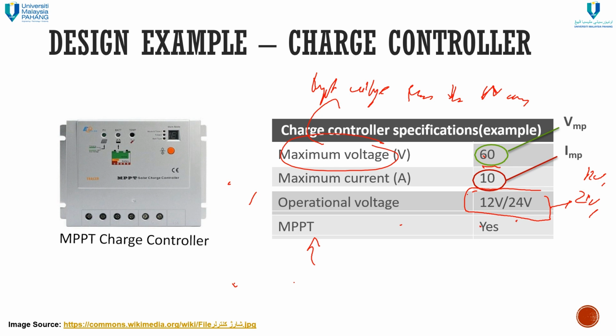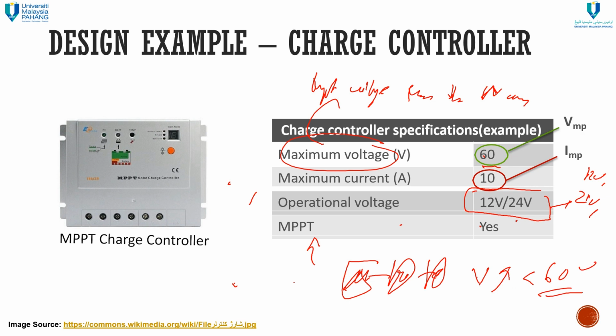That's the work of the charge controller. Okay, they have a limitation, meaning maximum voltage 60 volt means that the series connection has a limitation. Because if we connect modules in series, the voltage will be increasing. So this limit must be less than 60 volt. Okay, if more than that, it's not suitable to use.